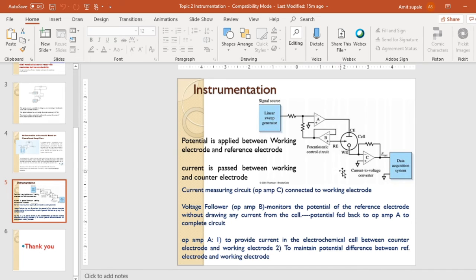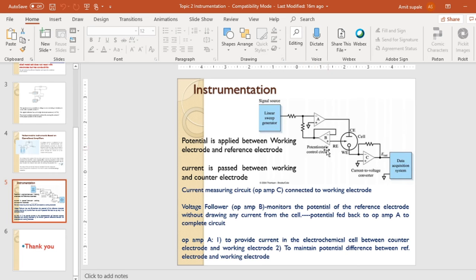The current measuring circuit is operational amplifier C, connected to the working electrode. The potential is applied between the working electrode and reference electrode, and the current passing between the working electrode and counter electrode is measured. Operational amplifier B is also known as a voltage follower, and its role is to monitor the potential of the reference electrode without drawing any current through the cell.